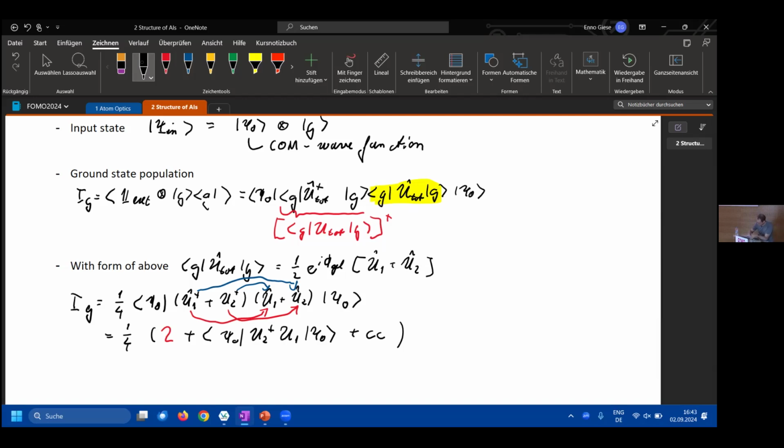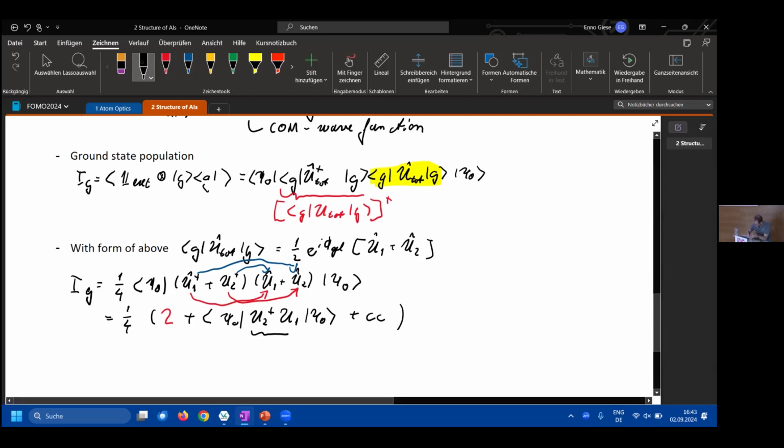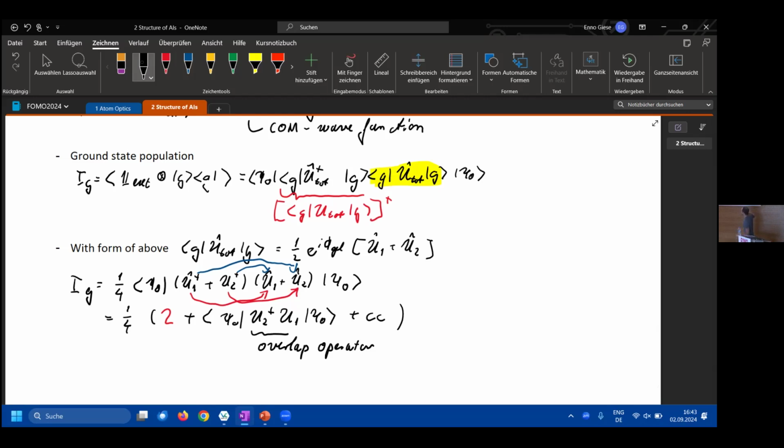And we're just going to call this here the overlap operator, because it describes the overlap of the wave function that propagated along one arm with the wave function that propagated along the other arm. And if we can calculate that overlap operator, we're done.